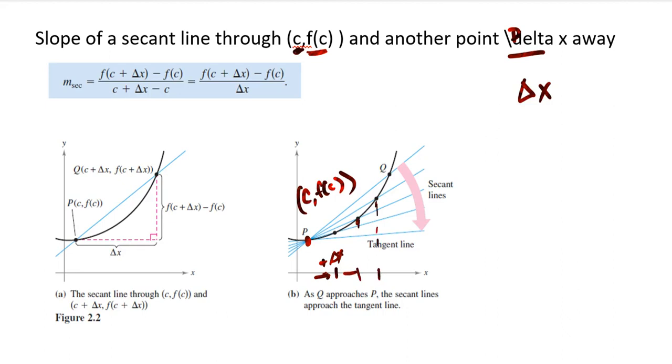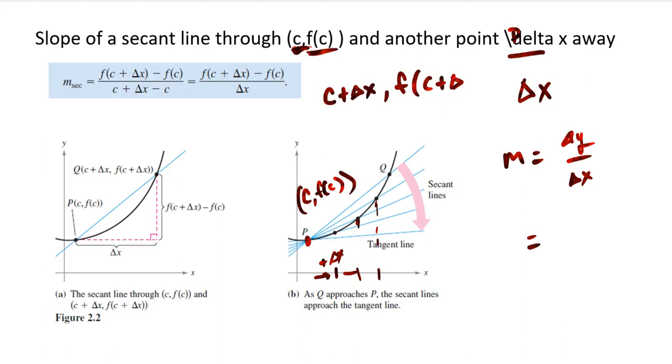So the slope of that line, well, slope is just the change in y divided by the change in x, is it not? So if we plug in our point C and f of C, and also our point C plus delta x, and our function evaluated at C plus delta x, then we have 2 points that we can plug into our slope formula of y2 minus y1 over x2 minus x1.